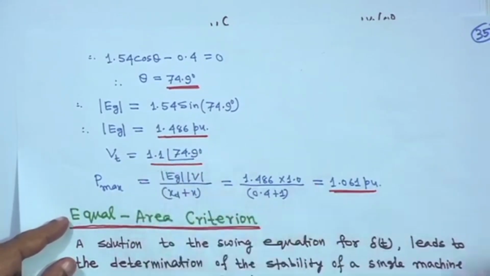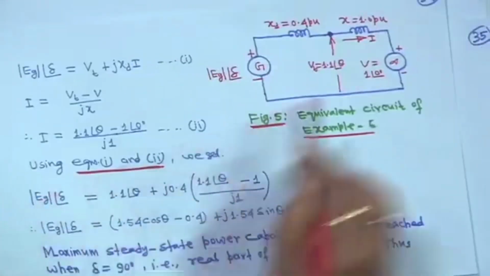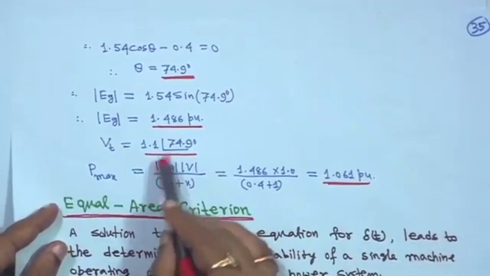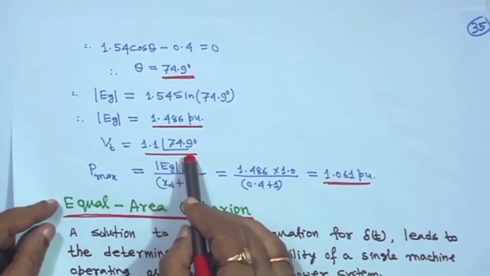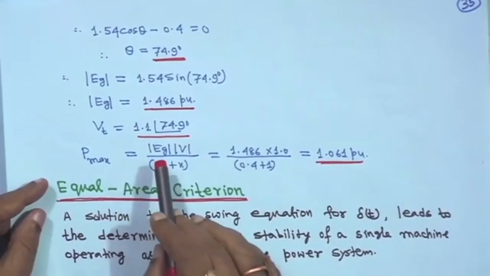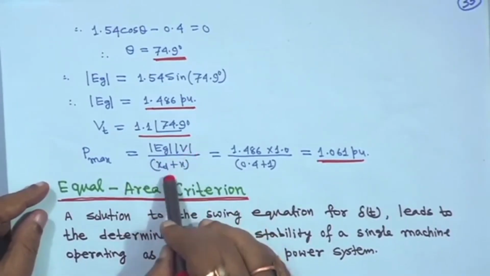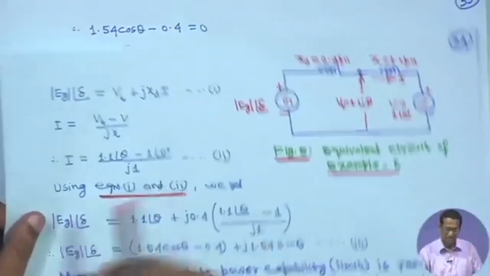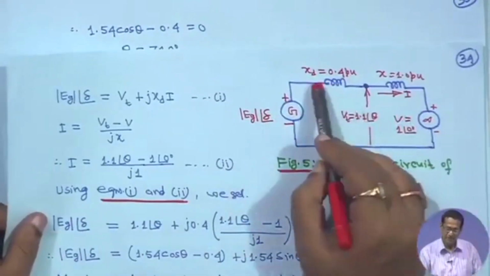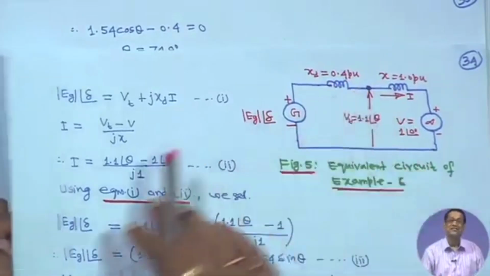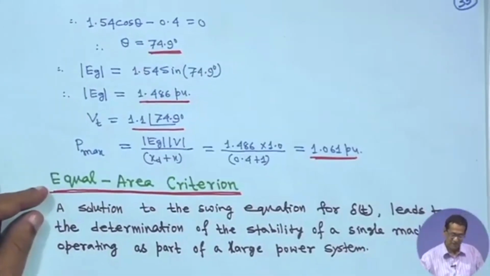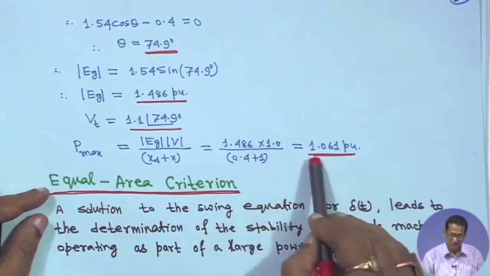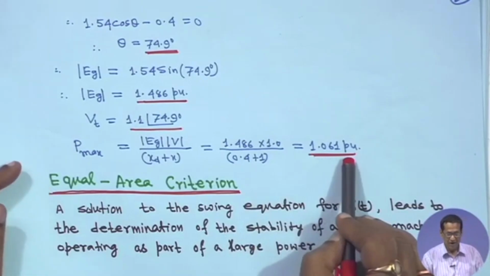V_t is equal to 1.1 angle theta, so V_t is equal to 1.1 angle 74.9 degrees. Then P_max is equal to E_g into V divided by x_d plus x, the whole reactance of the line. So it is 1.486 into 1 divided by 0.4 plus 1, which is equal to 1.061 per unit.